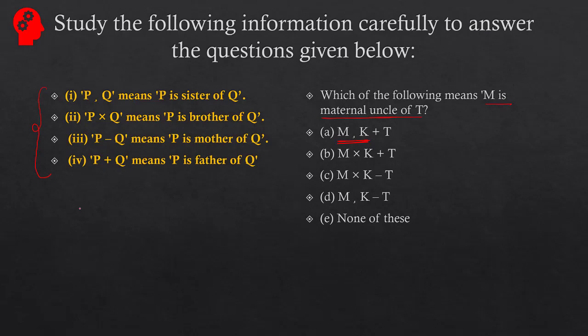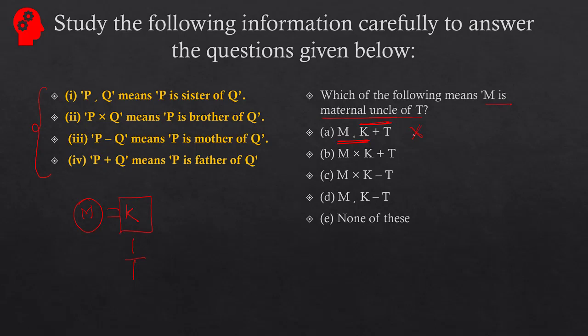So M is sister of K. Then we have K plus T. According to instructions, K plus T would mean K is father of T. So clearly here I can see that M is not coming out to be maternal uncle of T. So option number A is not my answer.